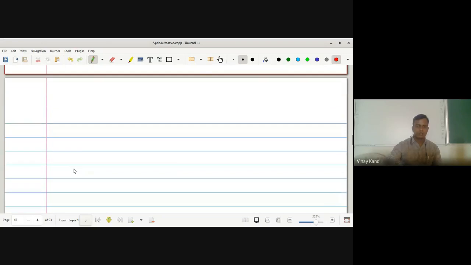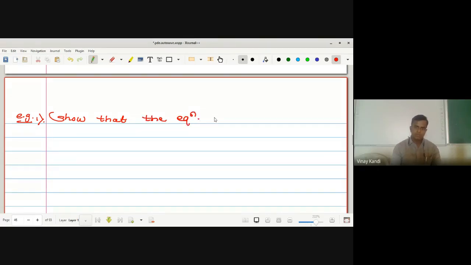Now look at example number 1. Show that the equations f, that is equal to p square plus q square minus 1 is equal to 0, and g is equal to p square plus q square into x minus pz, which is equal to 0, are compatible.